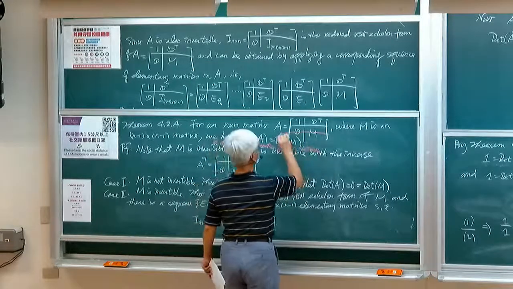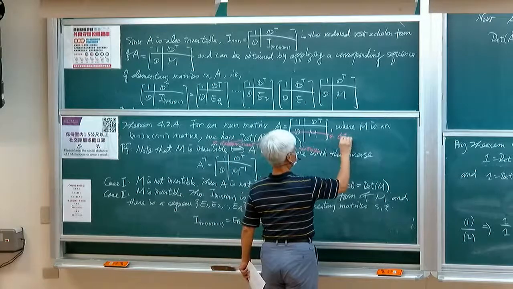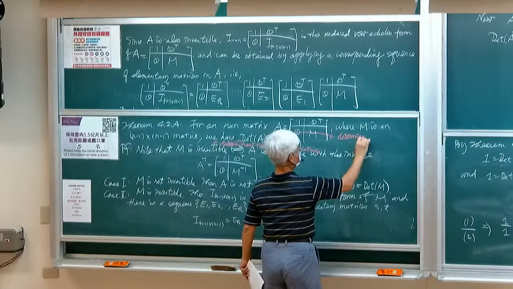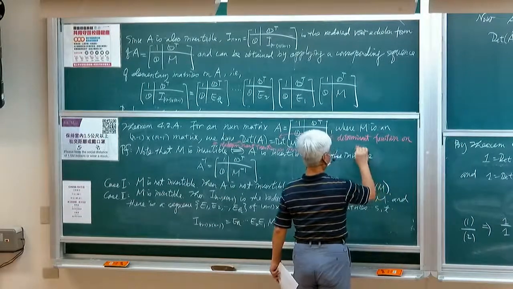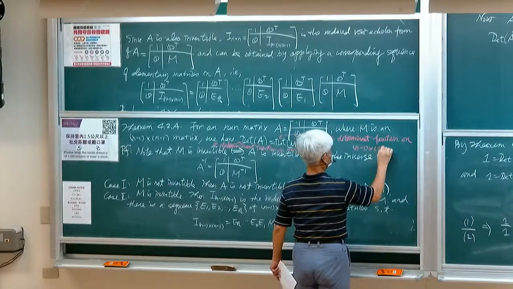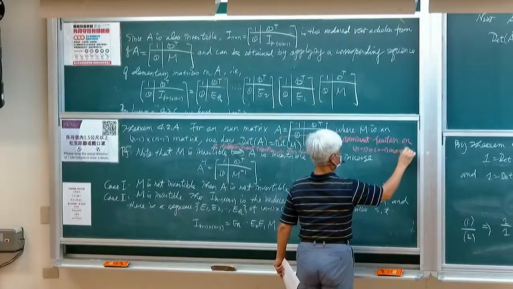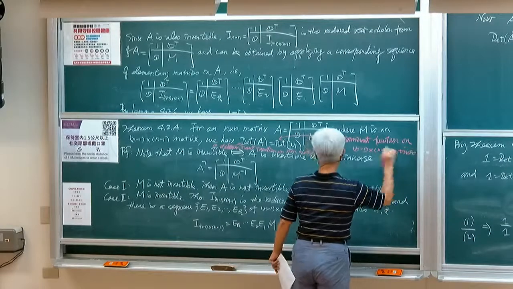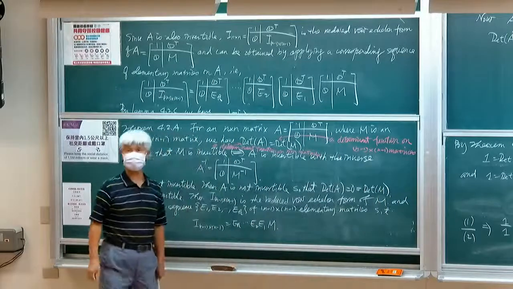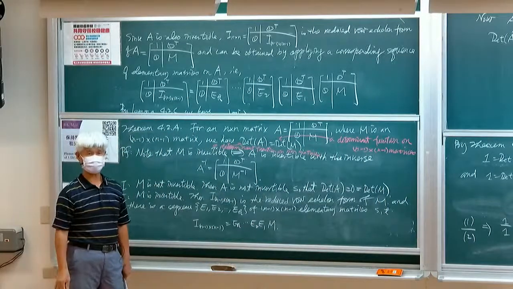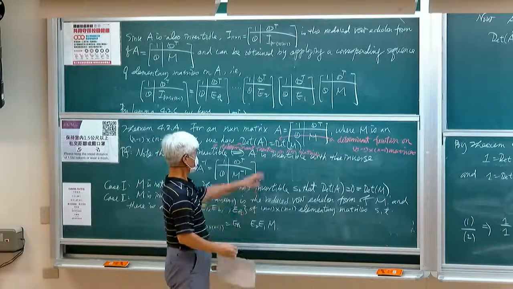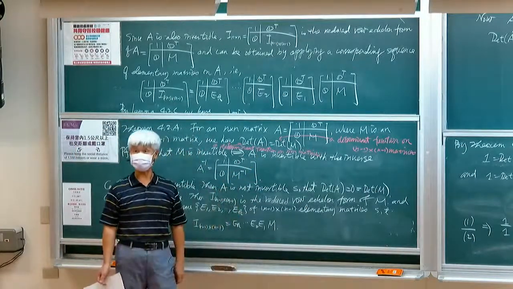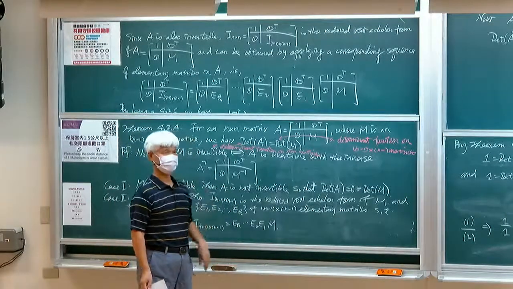But this one is a determinant function on n-1 times n-1 matrices. So they are different functions on different sizes of matrices. But they must be equal. That is amazing. So it's non-trivial.